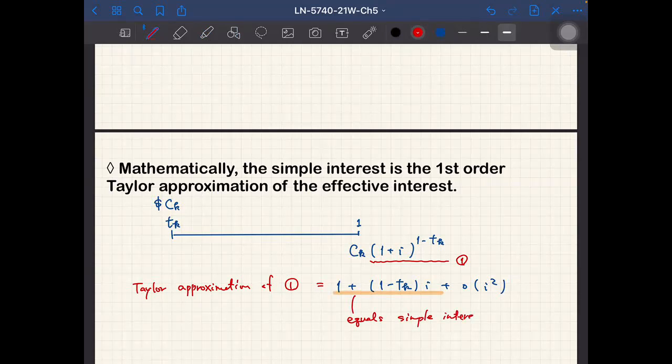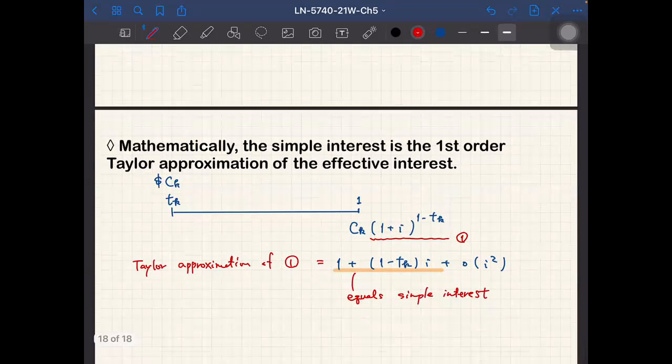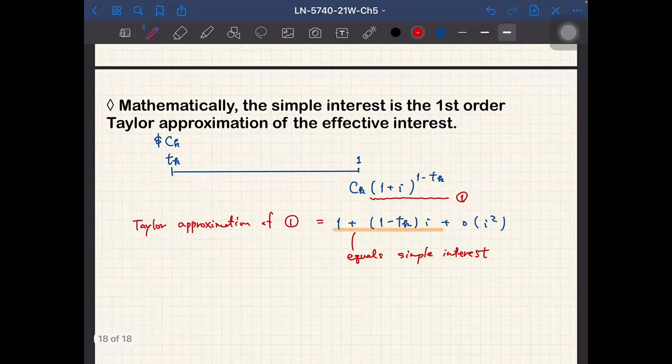So using simple interest is equivalent to using the first order Taylor approximation of this one. That's why we can get a reasonably good estimate by approximation with the simple interest rate.